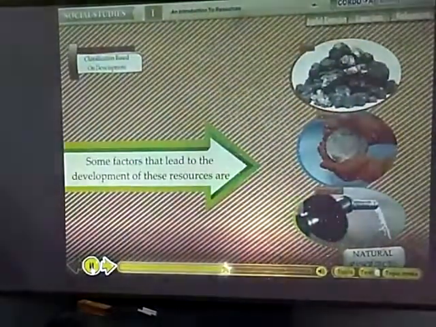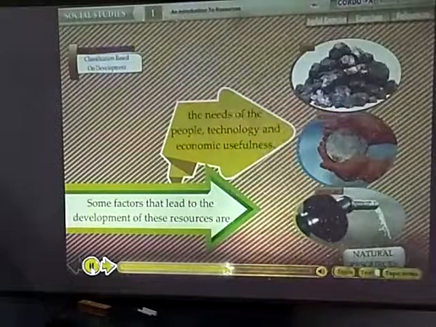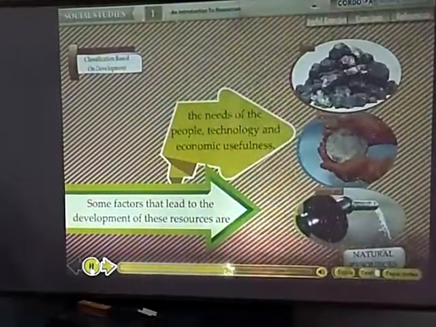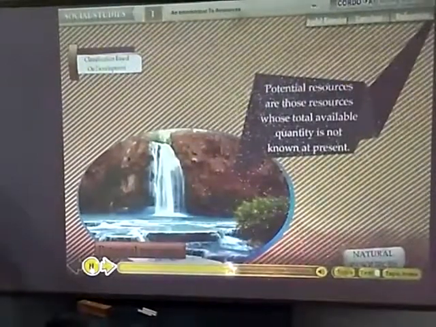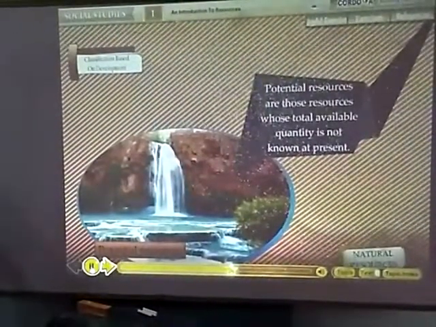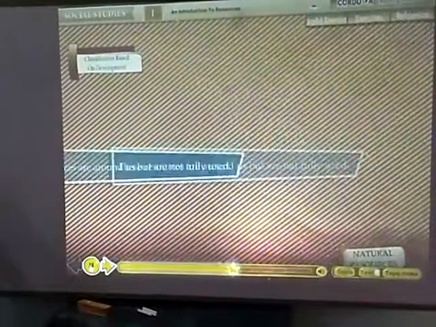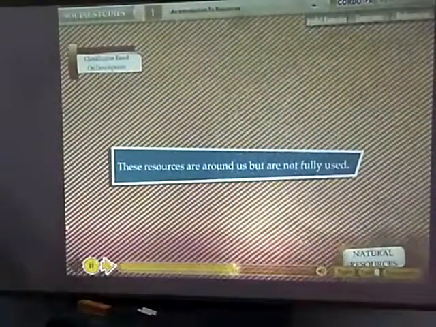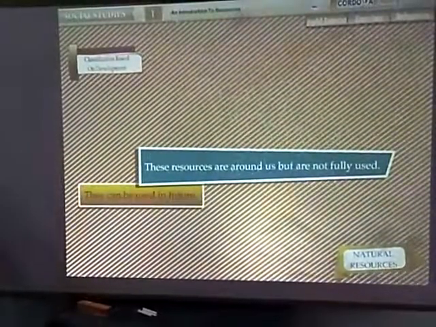Some factors that lead to the development of these resources are the needs of the people, technology and economic usefulness. Potential resources are those resources whose total available quantity is not known at present. These resources are around us but are not fully used. They can be used in future.